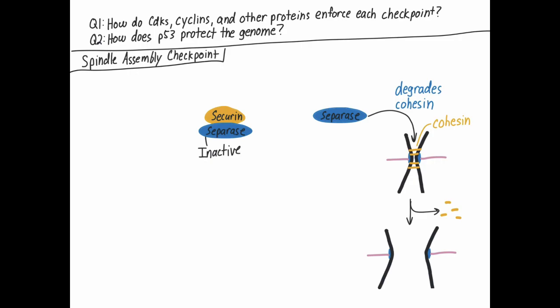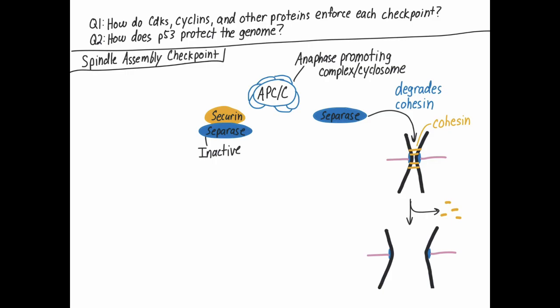But how does the cell prevent separase from being released from securin when not all sister chromatids are bound by spindle fibers from opposite sides of the cell? It does this through the action of a large complex of proteins called the anaphase promoting complex / cyclosome, or APC/C.